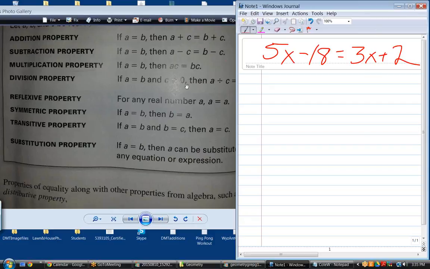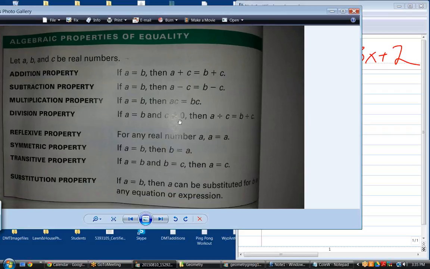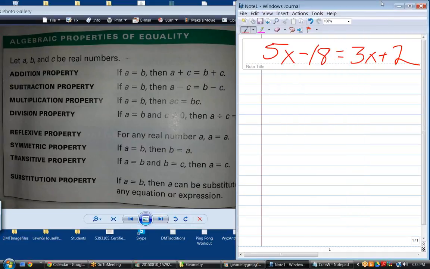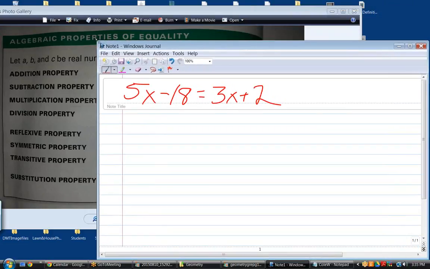But it's really not quite that simple. Notice that these are called algebraic properties of equality. So that's what I'm given. And this is kind of the way proofs work, is you have what they give you, and then you have what you can prove.